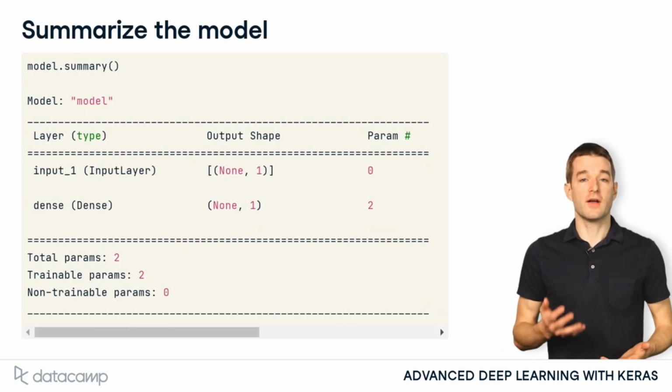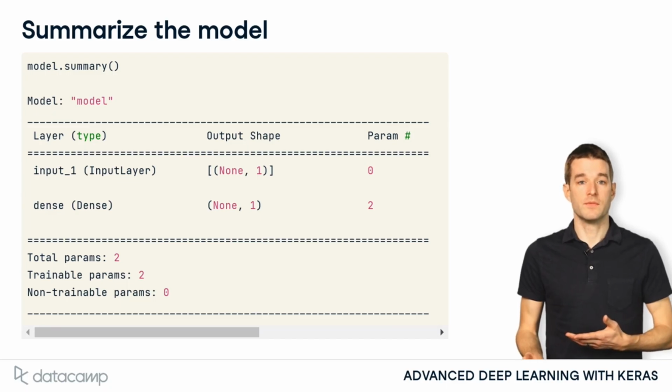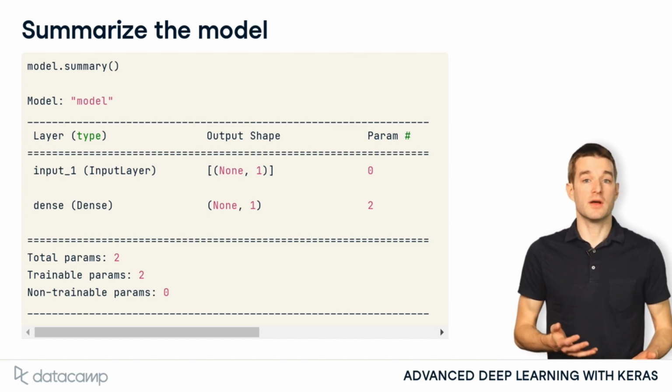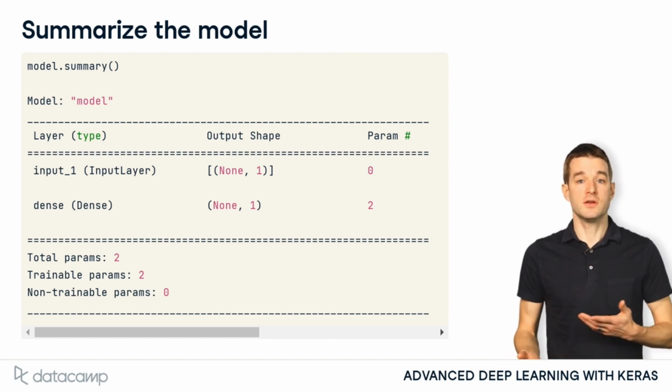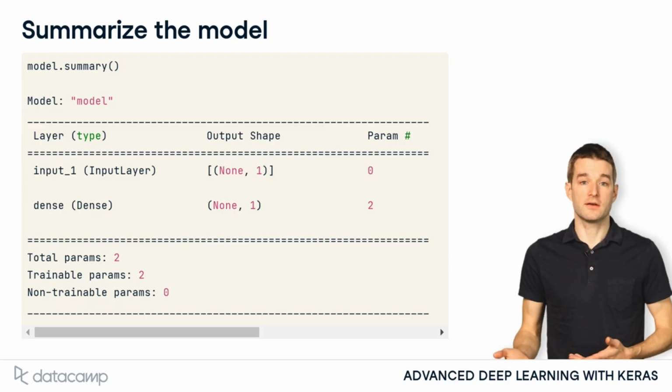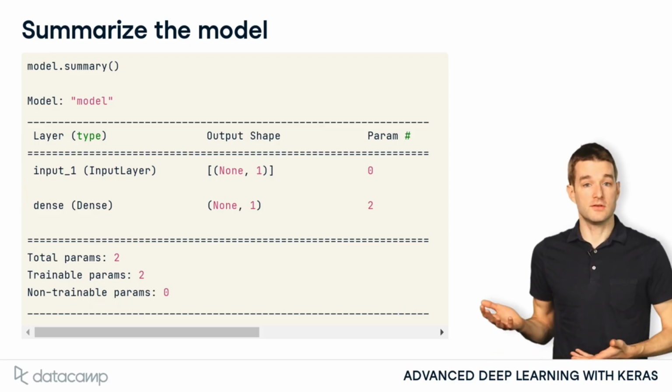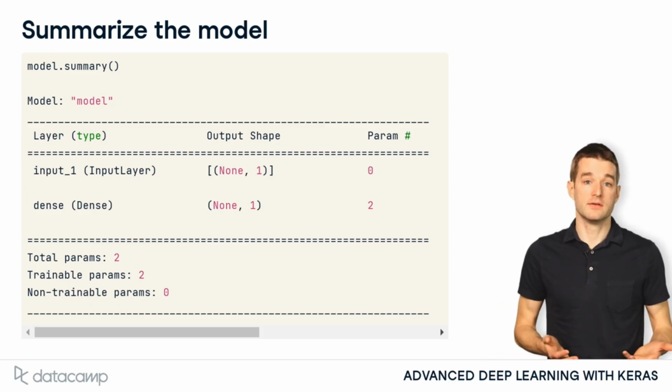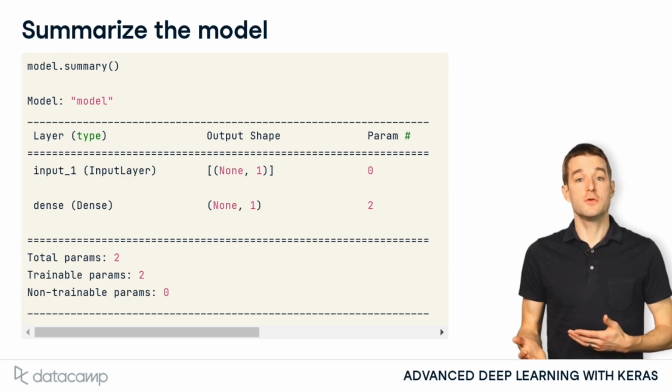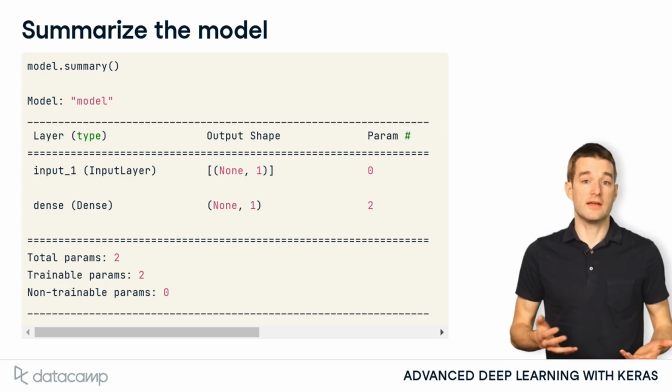Before fitting my models, I also like to summarize them. You can do this by calling the summary method on the model object. This gives you a nice table of the layers in the model, so you can confirm they are as you expect. In this case, you can see your input layer and your output layer. The output layer has two parameters, which makes sense as you have one input and one output.